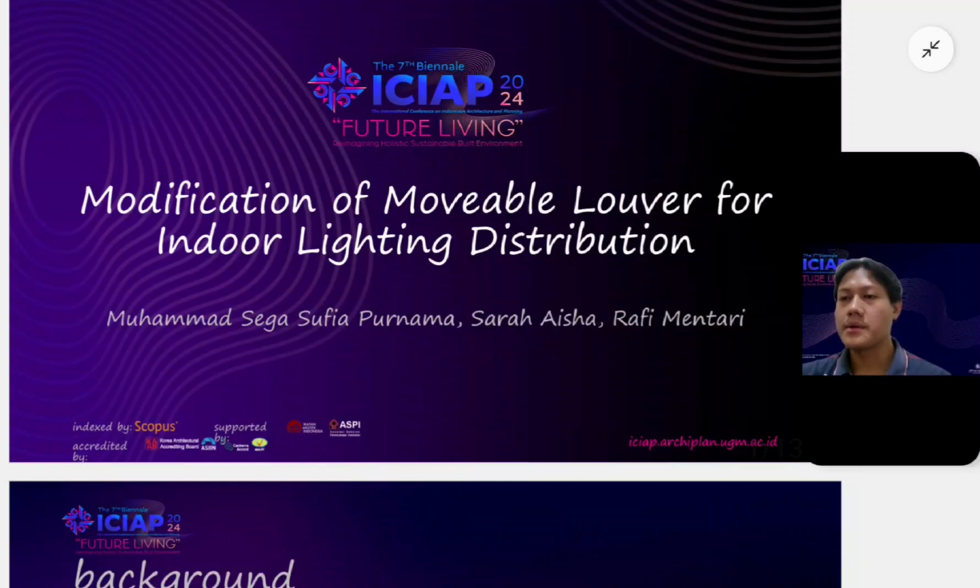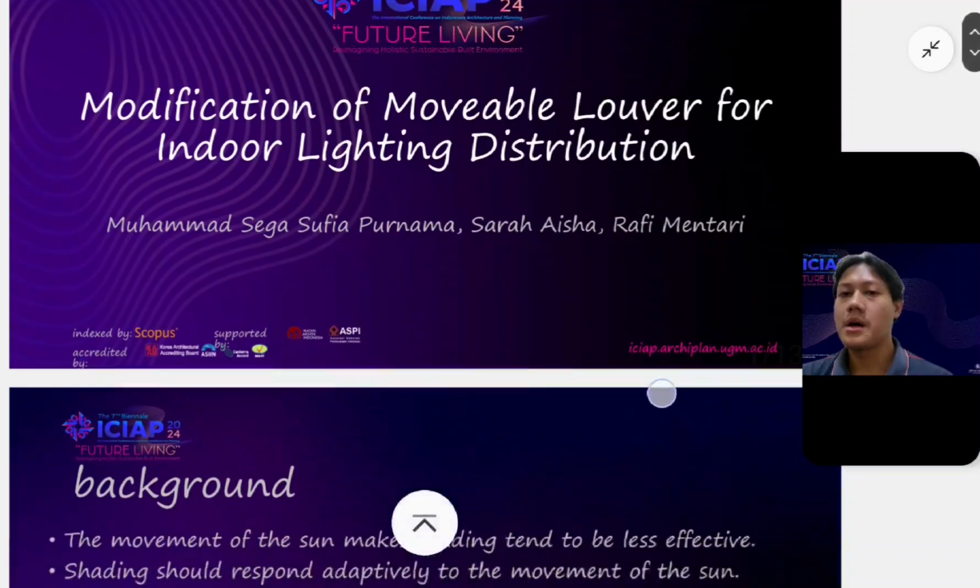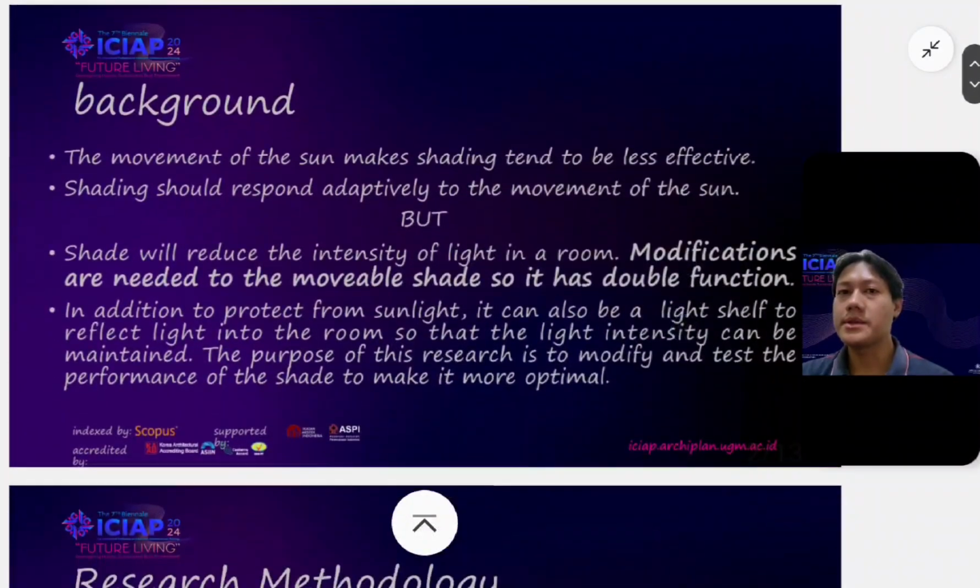I will represent my friends Sarah Aisha and Afi Mantari to explain our research titled Modification of Movable Louver for Indoor Lighting Distribution. Our background is that the movement of the sun makes shading tend to be less effective.